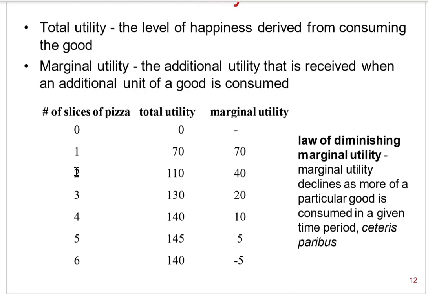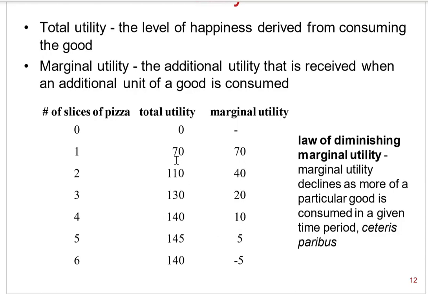Now we add the third slice, and together with the previous 2 slices, it gives us 130 total utility. This is a jump of 20 utils from the previous consumption. So notice that the total utility is increasing, however, as we consume more pizza slices, we are getting less and less marginal utility. In other words, marginal utility is decreasing.